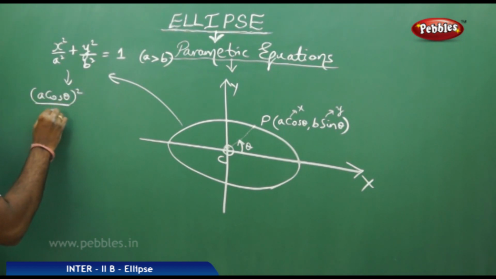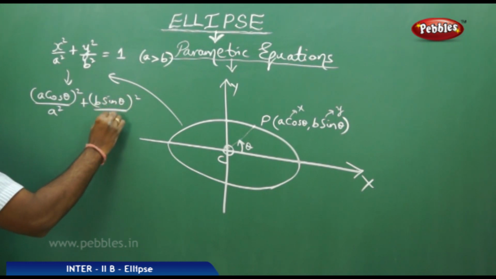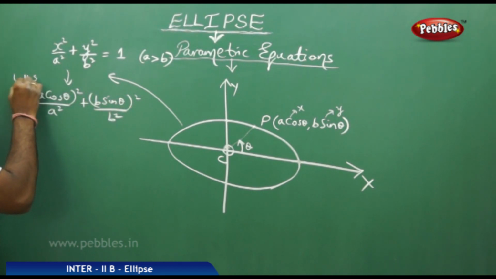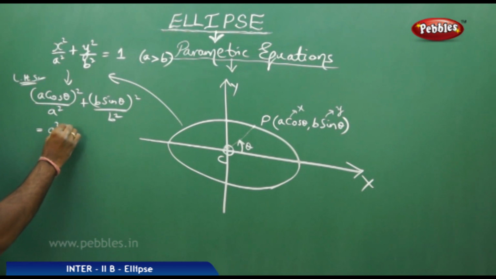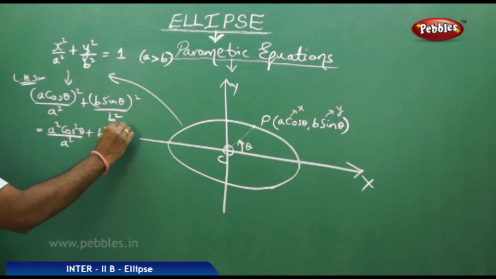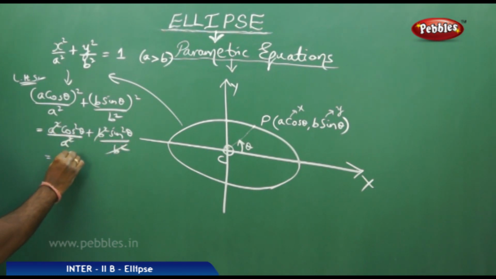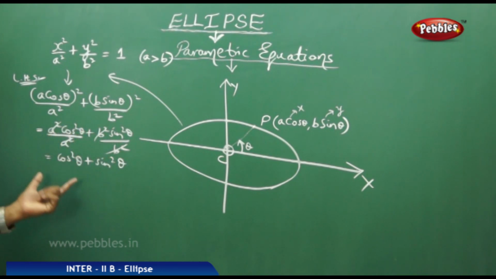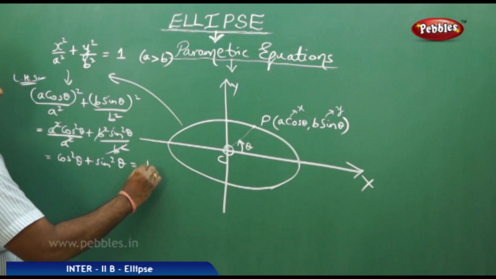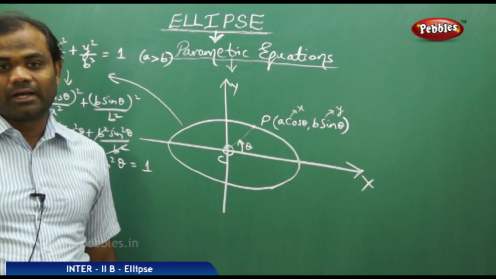a cos theta whole squared by a squared and b sin theta whole squared by b squared, which when simplified gives a squared cos squared by a squared plus b squared sin squared by b squared, which after cancellation is nothing but sin squared theta plus cos squared theta, which is 1, using the trigonometric identity.